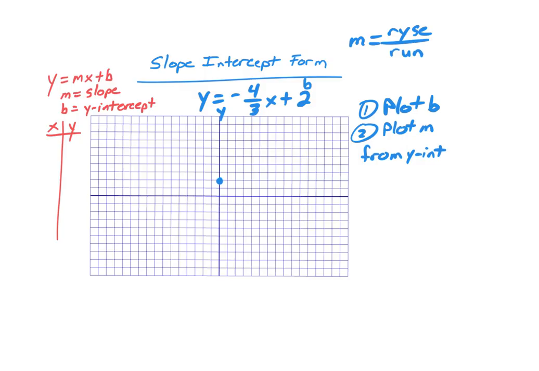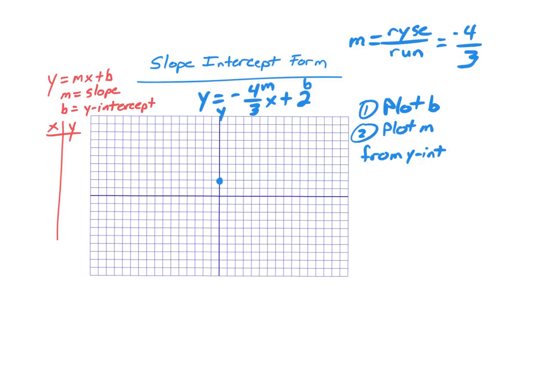We'll talk more about slope later on in the chapter, but I'm bringing that in now because we're going to use it to help us graph. In this case, my slope is negative 4 over 3. That's my m. The number in front of the x is always my m. It's my slope.